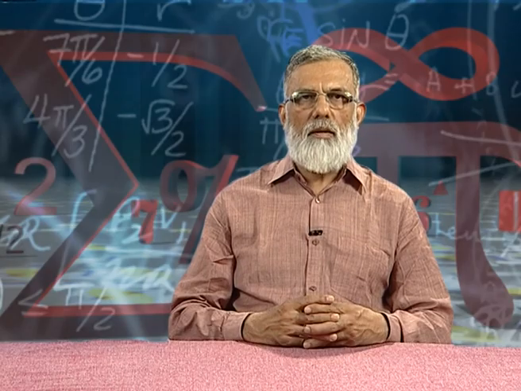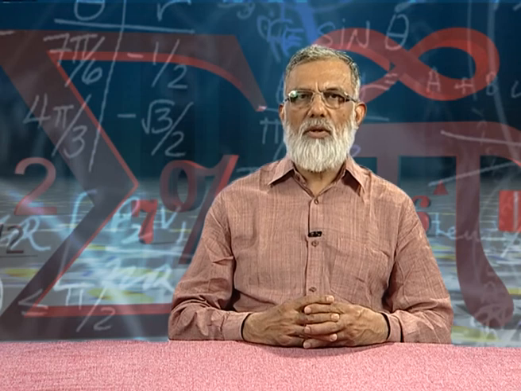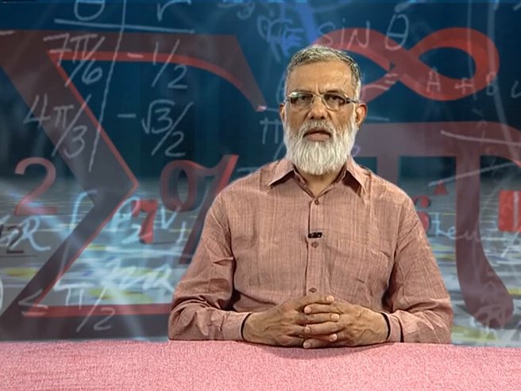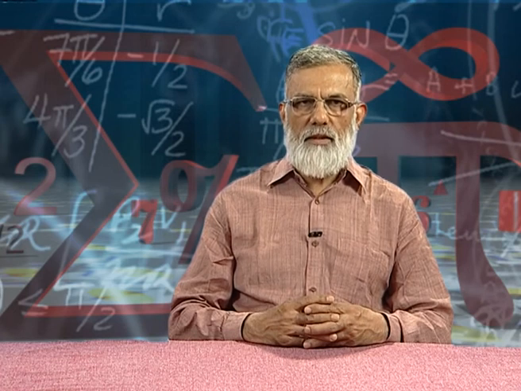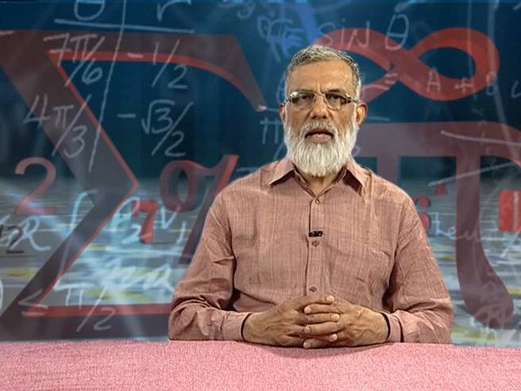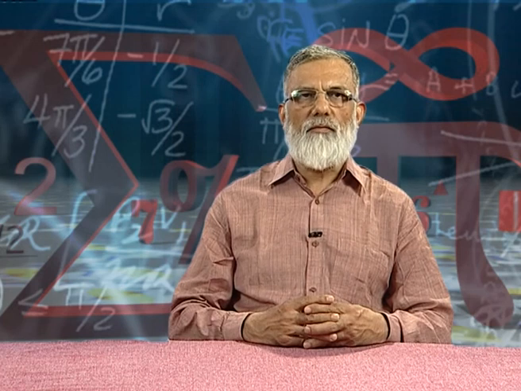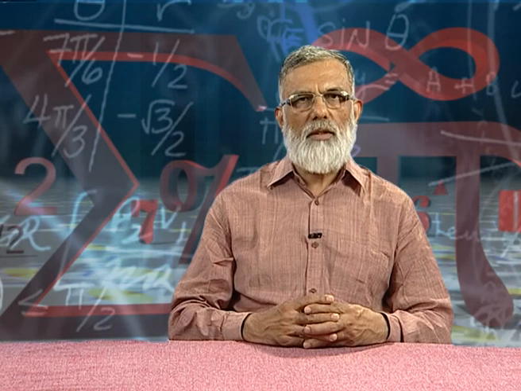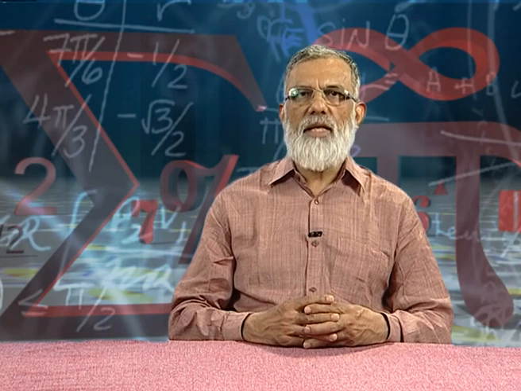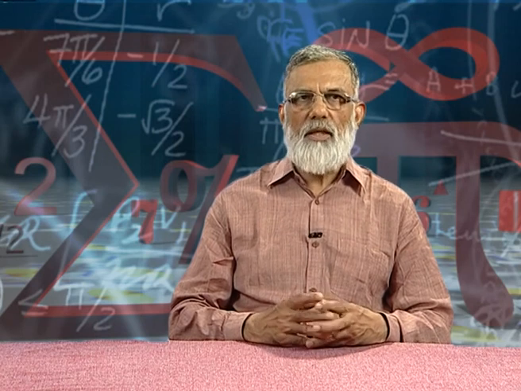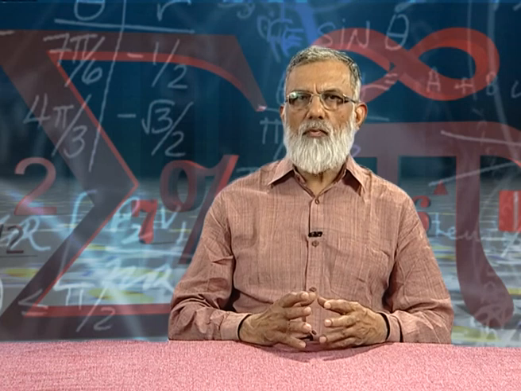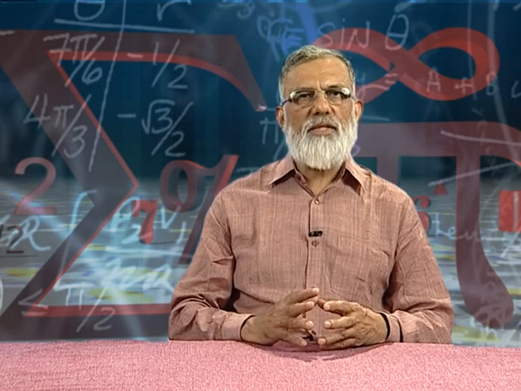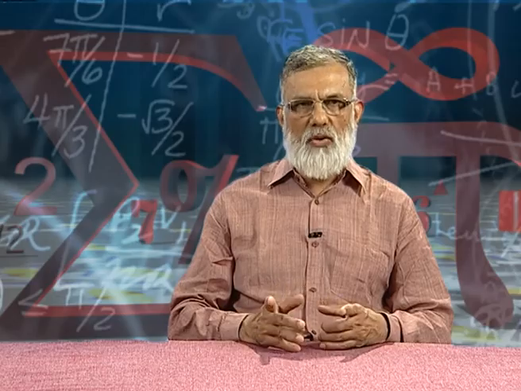We note that matrix A is an orthogonal matrix if and only if its column vectors are unit vectors, that is, their lengths are 1, and any two distinct column vectors are orthogonal. Similarly, matrix A is an orthogonal matrix if and only if its row vectors are unit vectors, that is, their lengths are 1, and any two distinct row vectors are orthogonal.